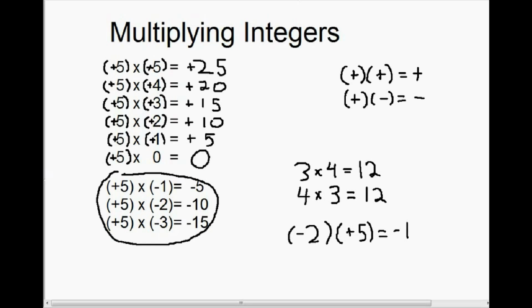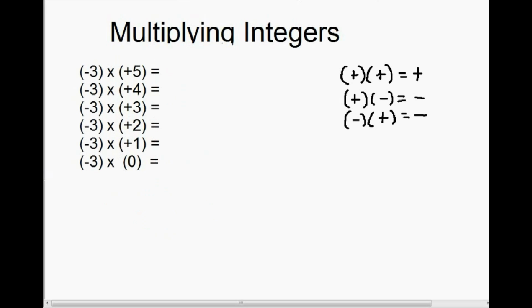Switching the order of the numbers doesn't change the answer. So what we can see here is if we multiply a negative times a positive, the answer is still a negative.